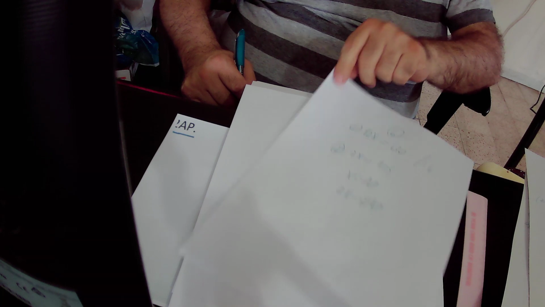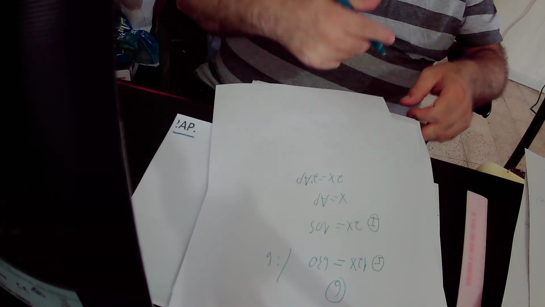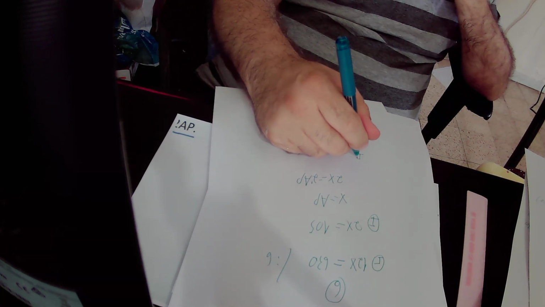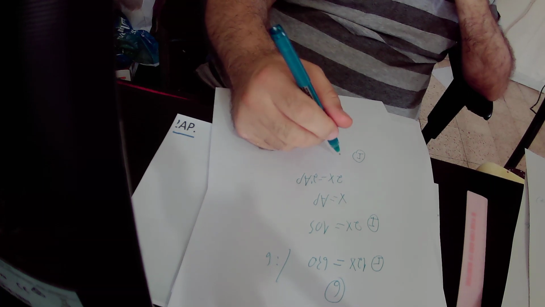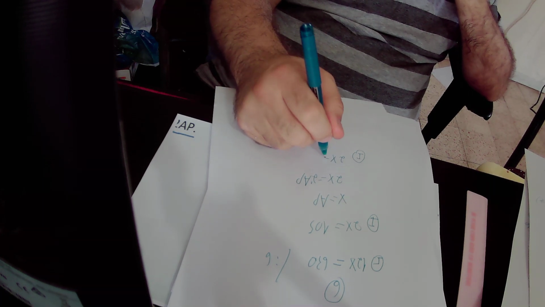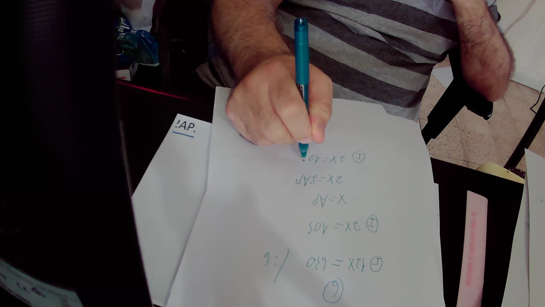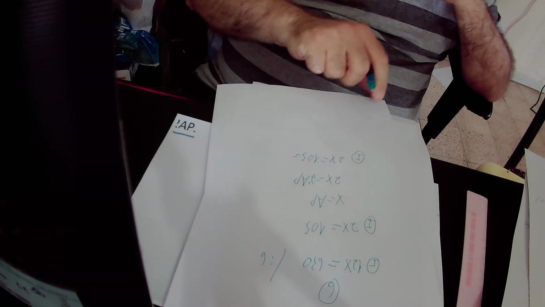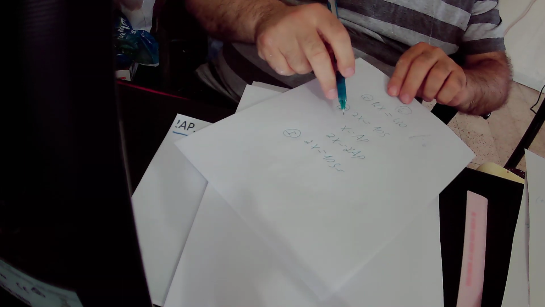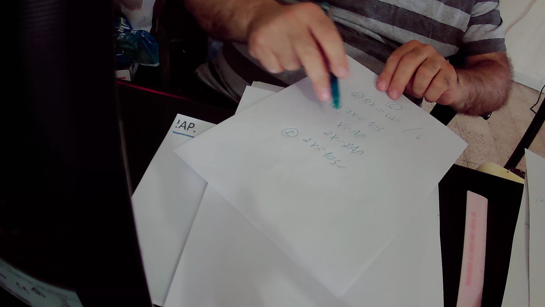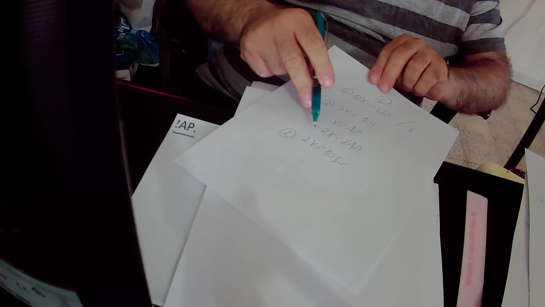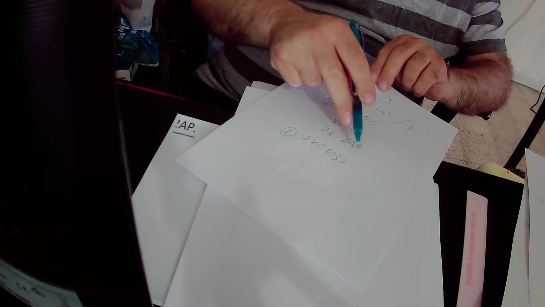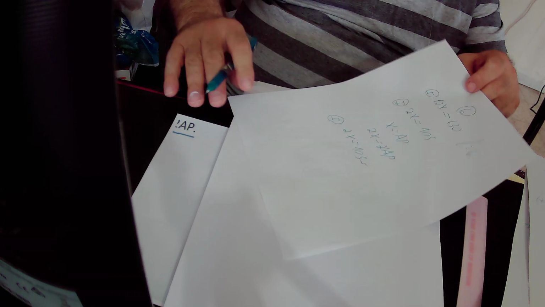So we can write again the first equation: 2 times x equals 105, but 2 times x equals also 2 times AP.